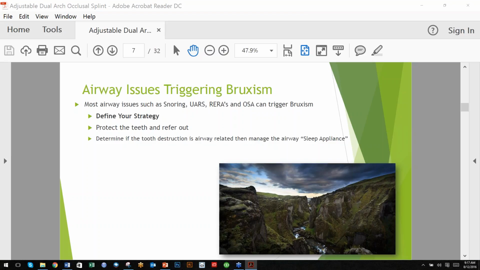And as you have your strategy, just add to it, if you haven't already done that, the possibility that for those patients that you do keep, know that there's a chance, and usually a good one, that there's an airway issue. Okay? And in those cases, protect the teeth and refer them out. So maybe add to your strategy the referring out in the presence of your bruxism management, and you're successful at that.